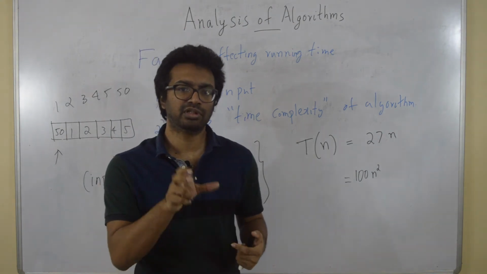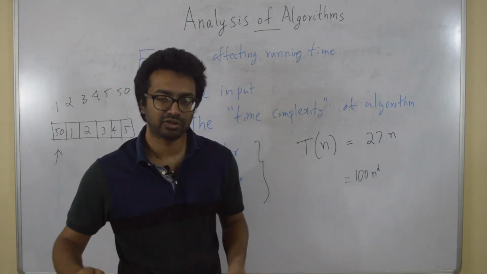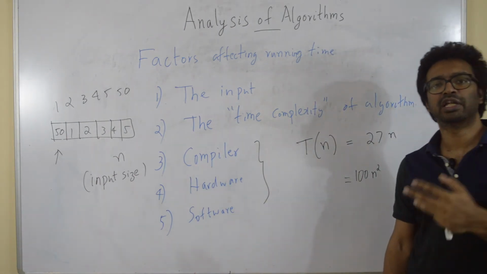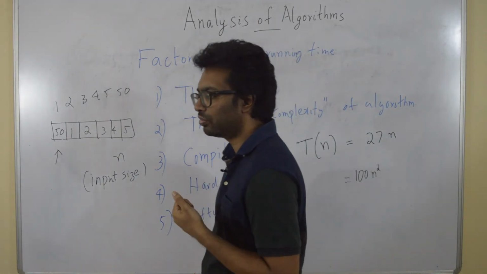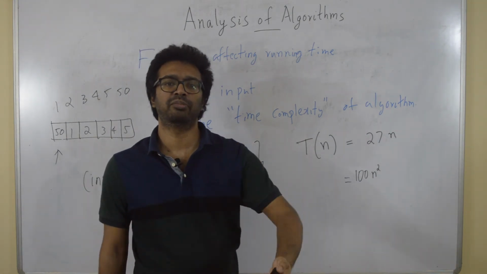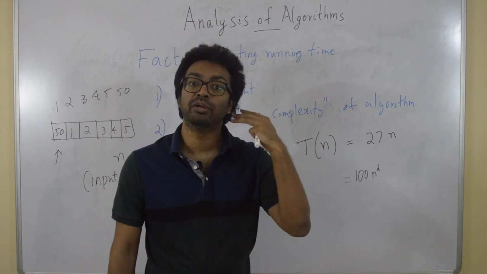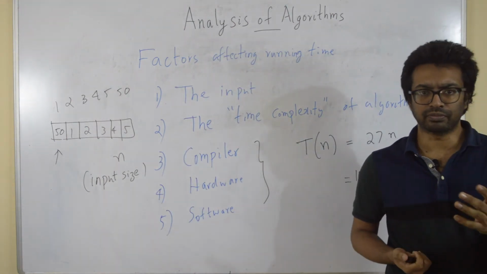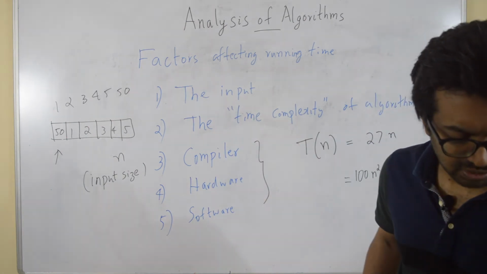For some input the sorting works faster, and for some input it does not. So in that case, what do I mean by the time taken? This is a question you will have to answer. How much time does your program take? What do I mean by that?